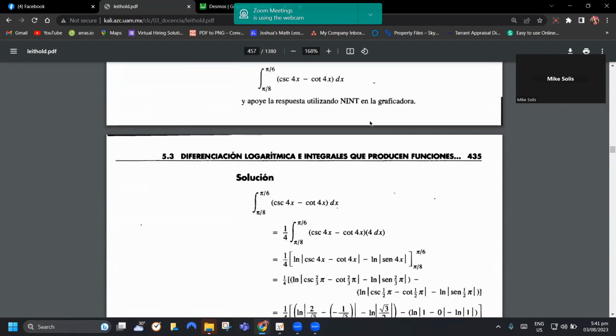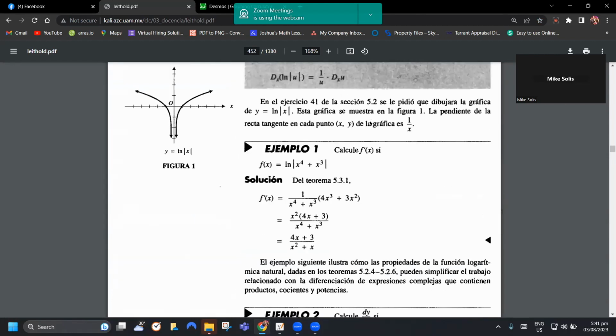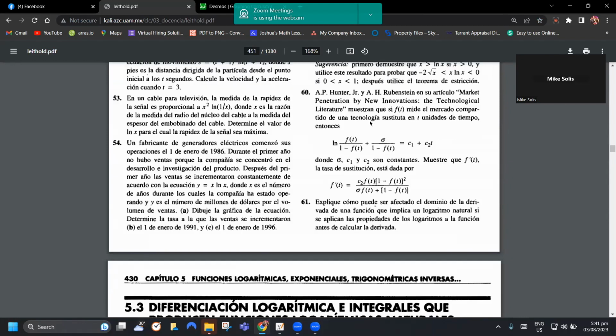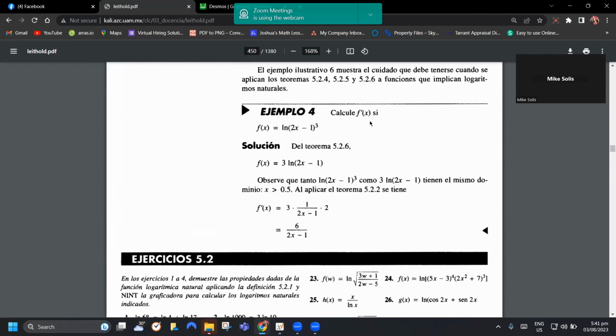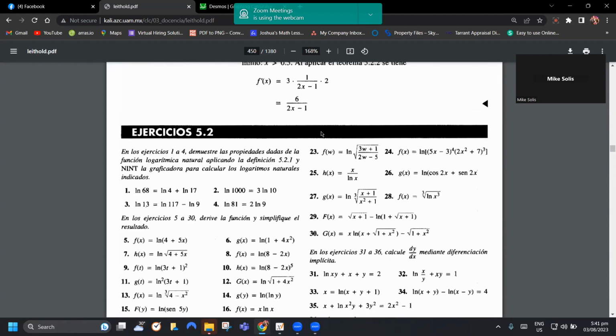So go back. Kasi 5.3 na yan. So section 5.1. Further back, 5.1.